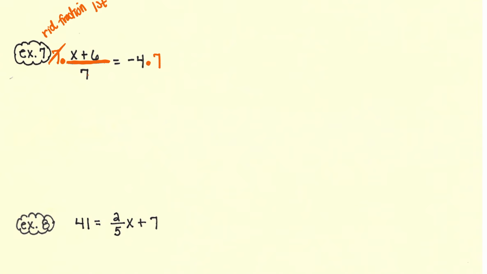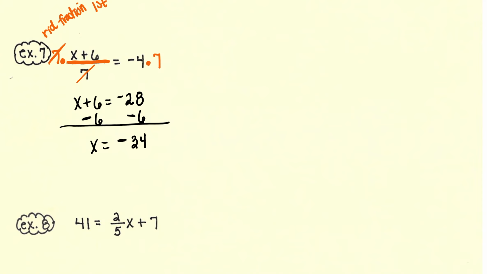So the 7 in the top and the 7 in the bottom will cancel. x plus 6 is equal to -28. And then this is a plus 6, so we're going to minus 6. And so x is equal to, if you have -28 and you have -6, put those together and you have -34. And again, don't forget to check those answers if you want to.